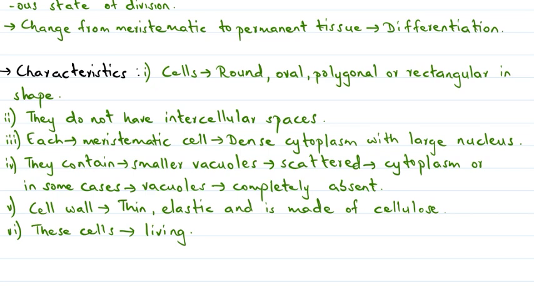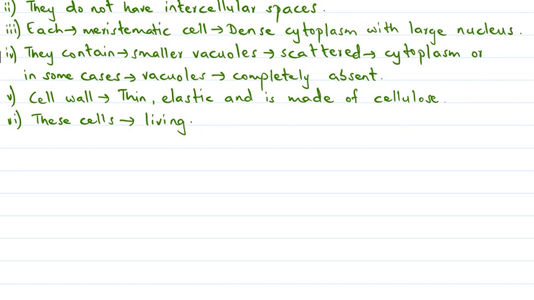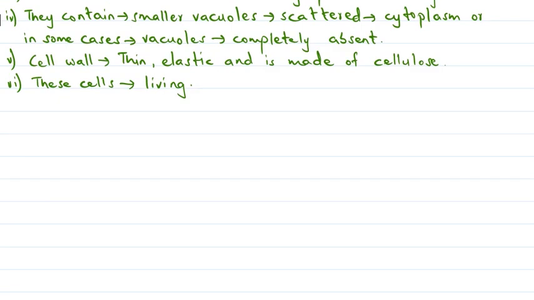Now let's talk about the classification of the meristematic tissues. There are two different ways in which we can classify the meristematic tissues. First we will see on the basis of origin.